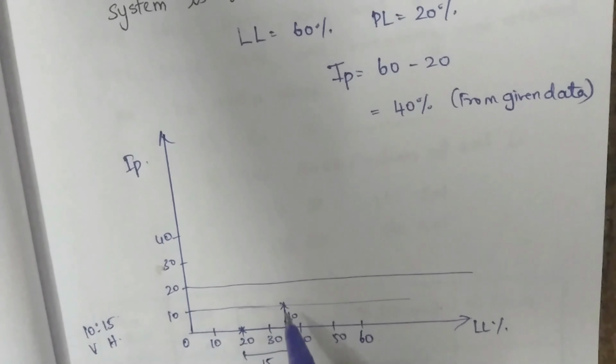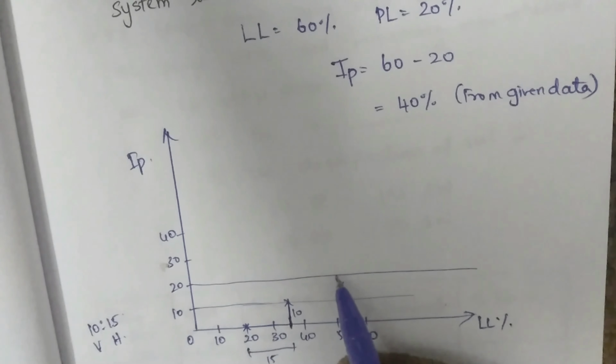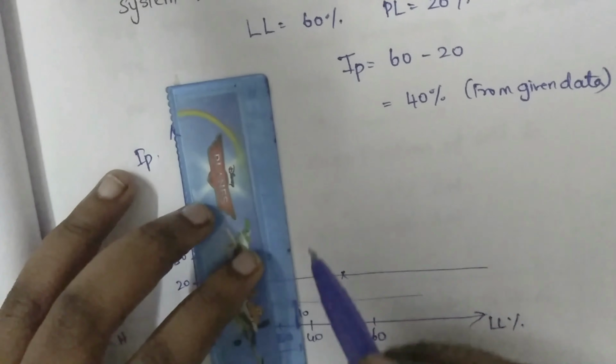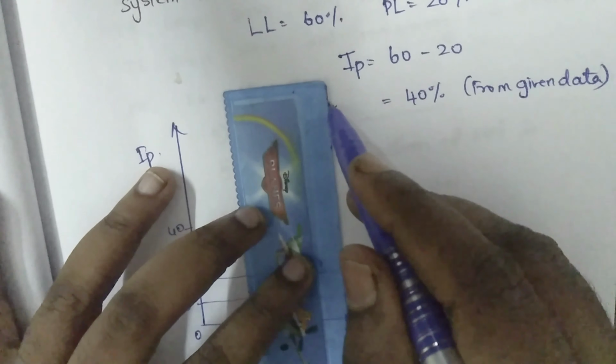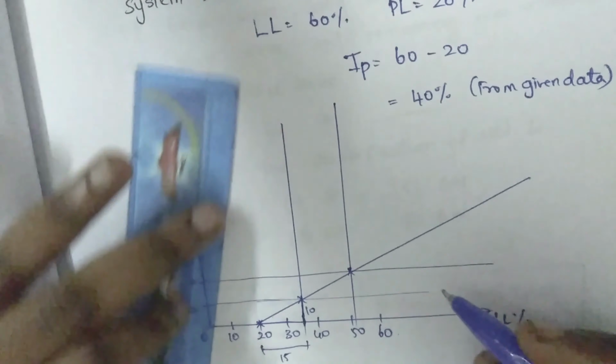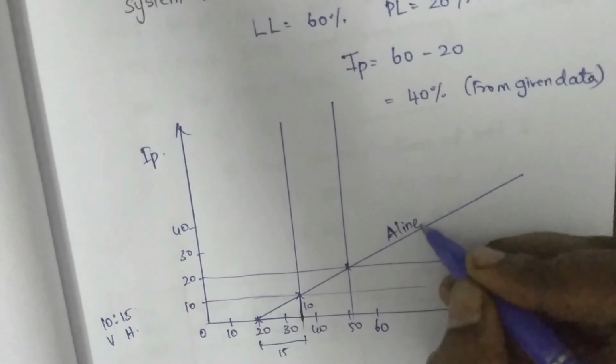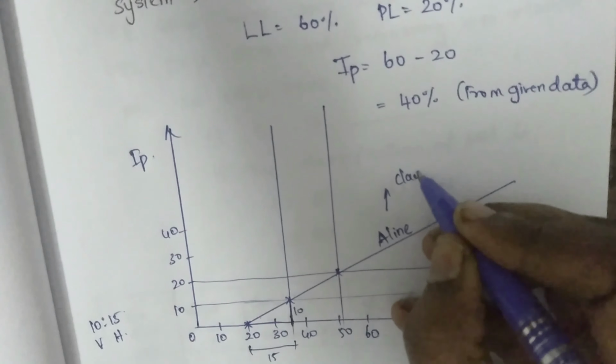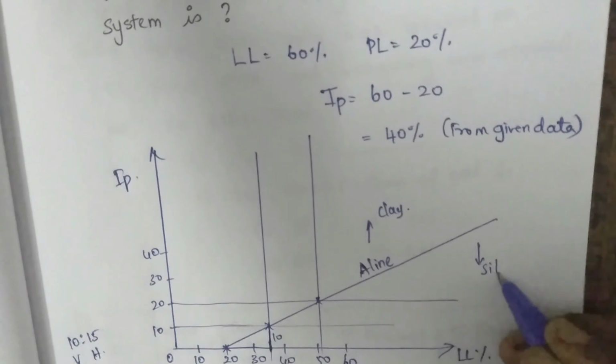For the next 10, we have the next 15. So it is 50 here. So we have the A line. This is the A line, above which it is clay and below which it is silt.